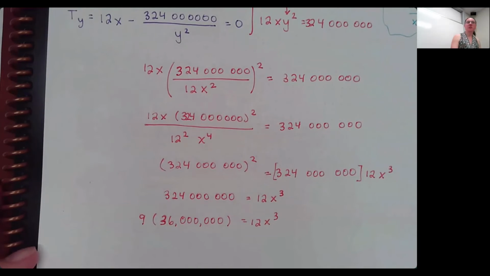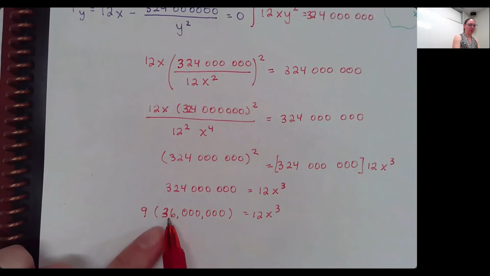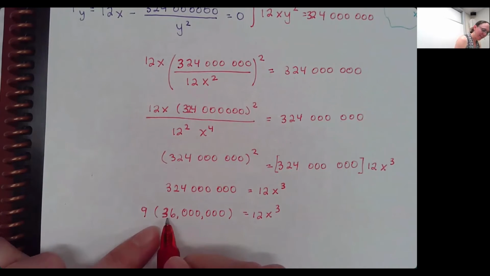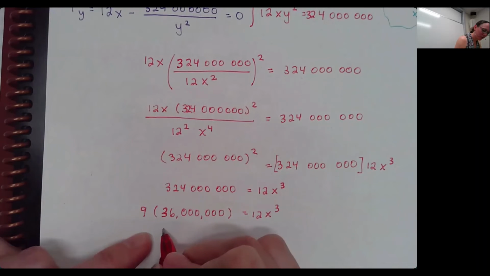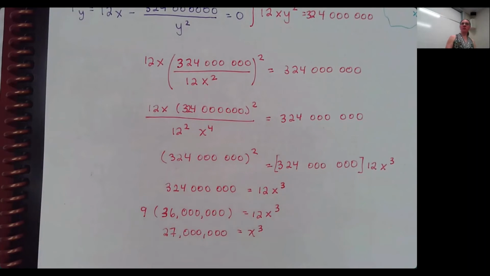So when I divide by 12, I'm going to choose to divide the 36 million by 12, which is going to take me down to 3. And then 9 times 3, I'm going to be at 27 million. So even though the numbers looked gross in the beginning, they do work out nicely.